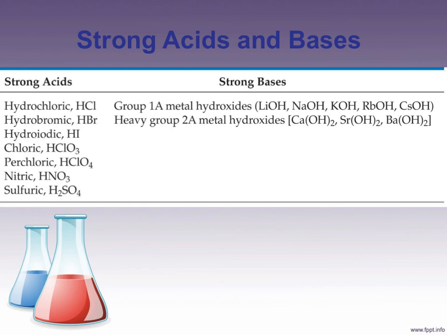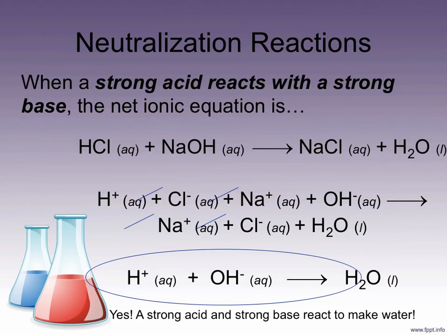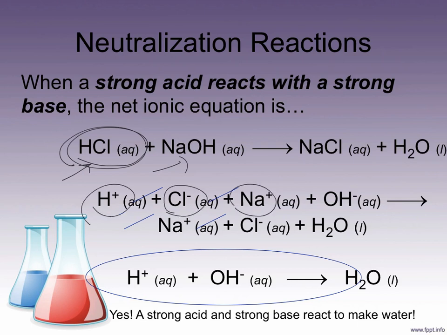In case you didn't jot down the strong acids and bases from the last lecture, here they are again. All right, let's see how you did. Remember, anything that's soluble, well, strong acids get dissociated and strong bases get dissociated. So I dissociate both reactants into cation and anion.